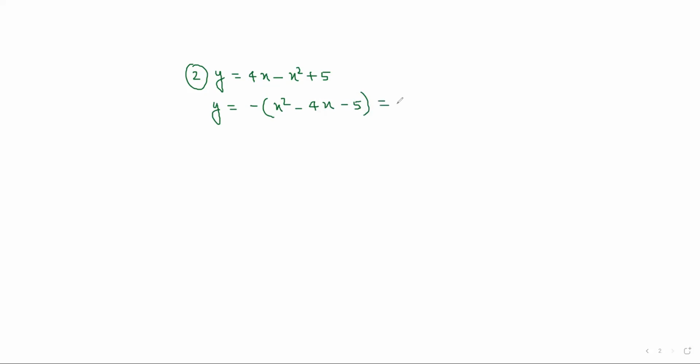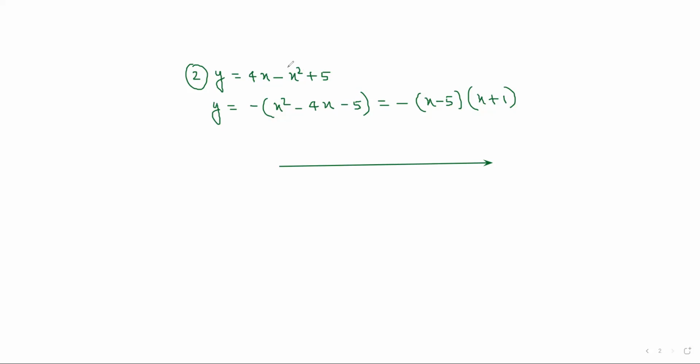So I think this is (x minus 5) into (x plus 1). This is the x-axis here. The sign of the x square expression is negative, so A will be negative.